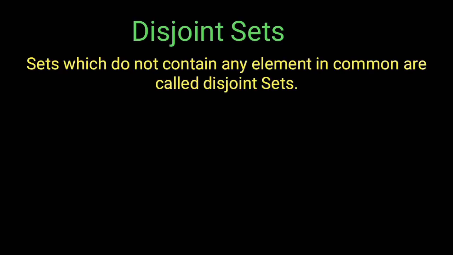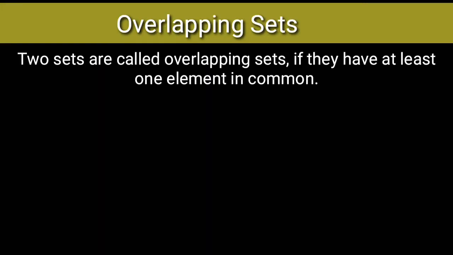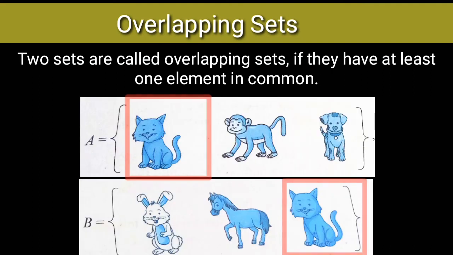Disjoint sets. Sets which do not contain any elements in common are called disjoint sets. For example, sets A and B are disjoint because there is no common element. Overlapping sets. Two sets are called overlapping sets if they have at least one element in common. For example, in sets A and B, cat is common, so they are overlapping sets.